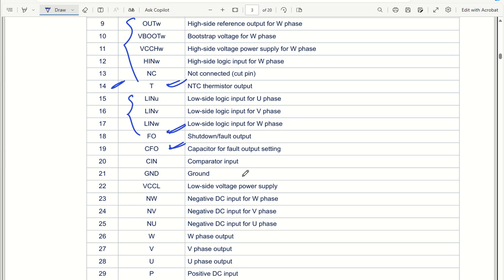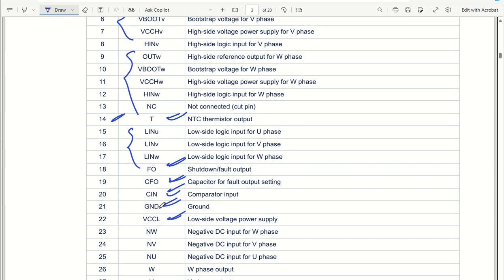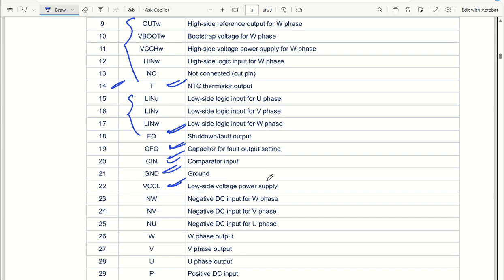If you want to set some value, we can utilize this particular capacitor, which we'll see during the circuit design concepts. We have the comparator input, that is CIN. We have the ground pin, GND. Then we have the low side voltage power supply, which is VCCL. As you can see, we have VCC HW, HV, and similar to that we have just one VCCL, which is more than enough.